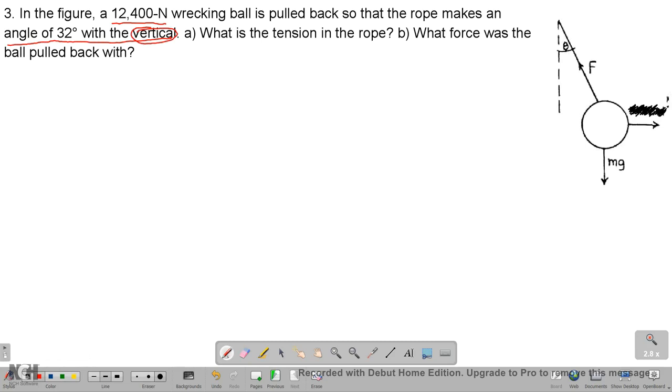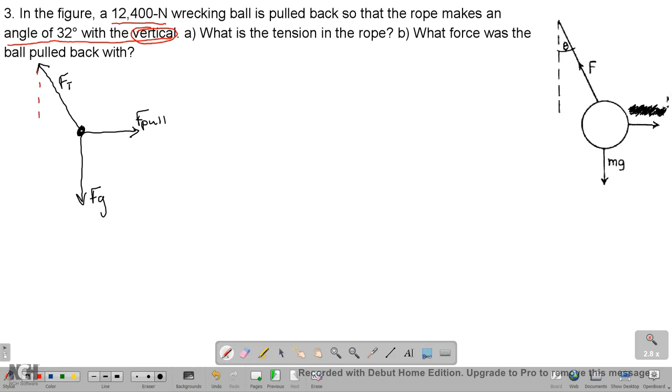So let's draw our force diagram here. We know that we have FG pointed straight down. We know that the ball is being pulled to the right with the pull force, F pull. And we've got this angled force right here that we're going to call the tension force. So the only value that is not on the x or the y axis, which would be straight up and down for the y and left to right for the x, would be the force due to tension.